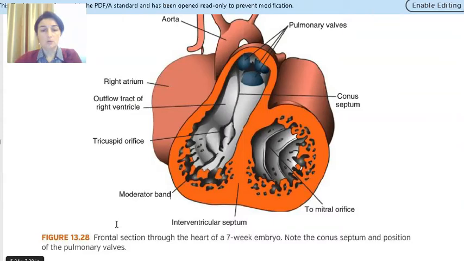And we also have to mention the development of the interventricular septa, how they develop. Actually, the muscular part of the interventricular septa develops as a result of expansion of the ventricles, and the mid portion of these ventricles will fail to expand.